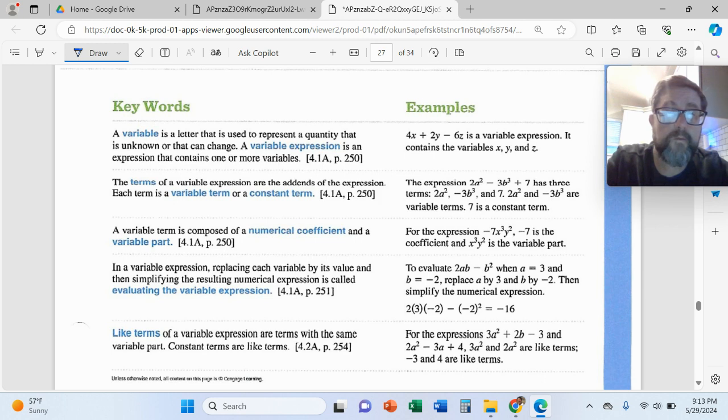The terms of a variable expression are the add-ins of the expression. Each term is a variable term or a constant term.